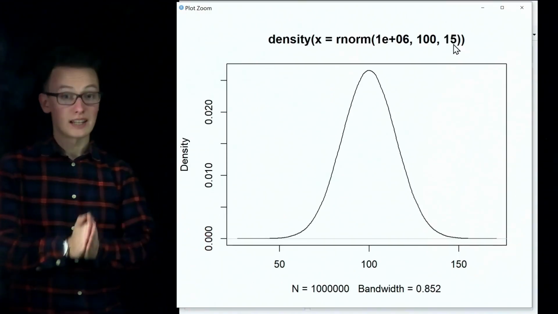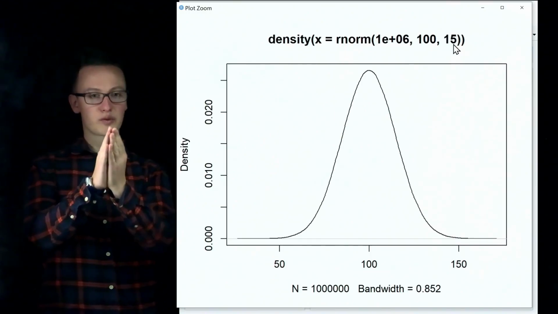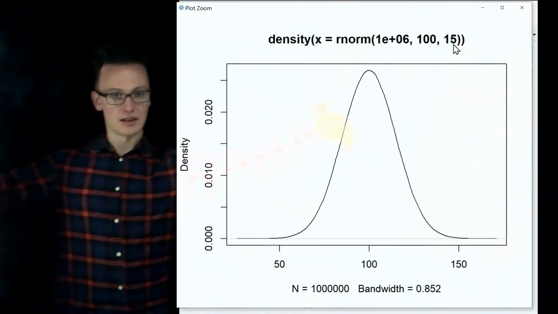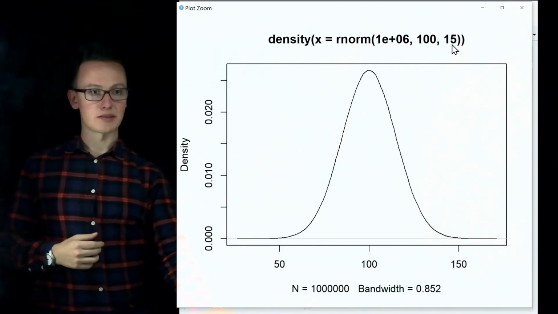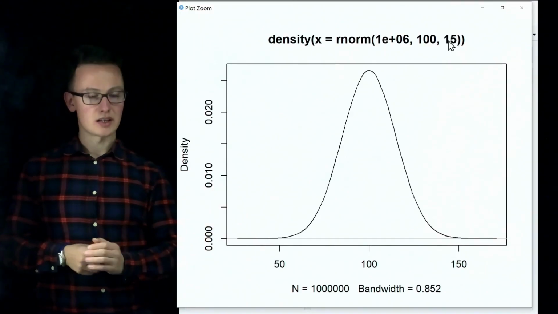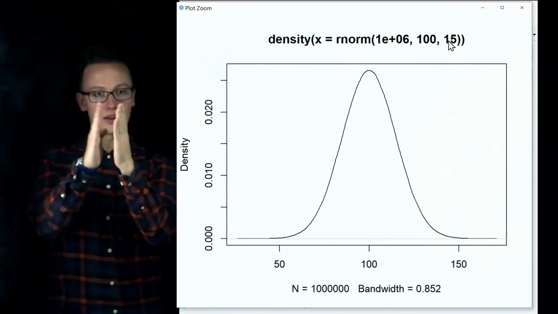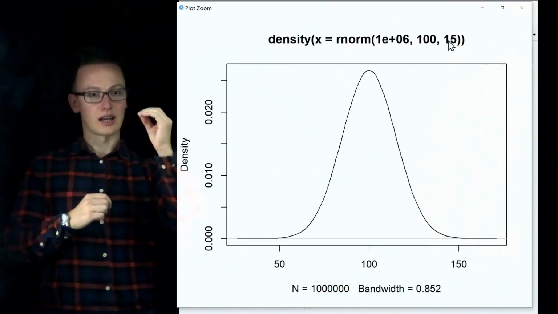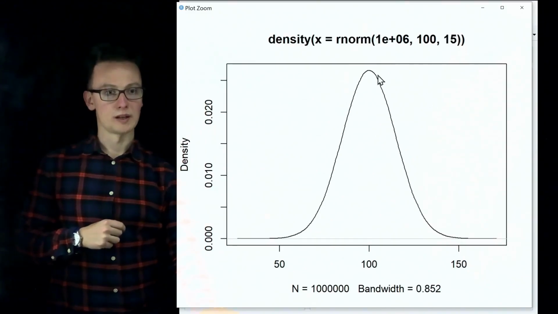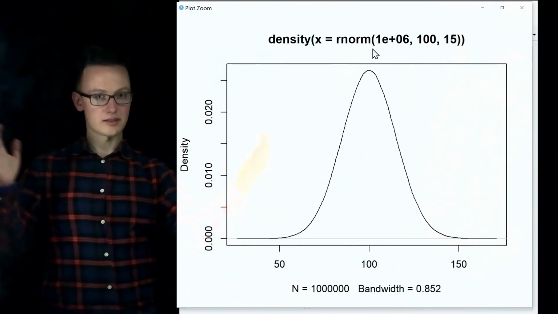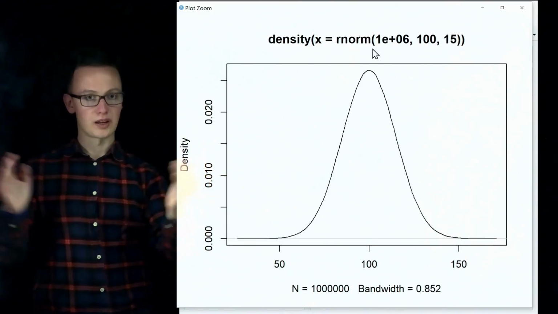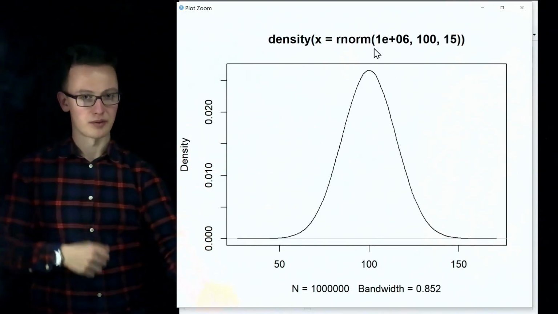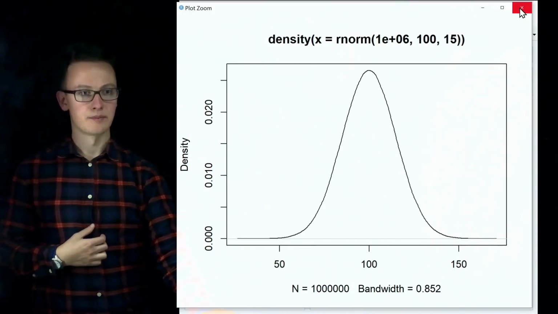If we had specified a larger standard deviation, this curve would be a bit more flat and wider. But if we had specified a smaller standard deviation, this curve would be thinner and have even a higher probability density at the peak, okay? So that's how the standard deviation modulates the shape of the normal distribution.